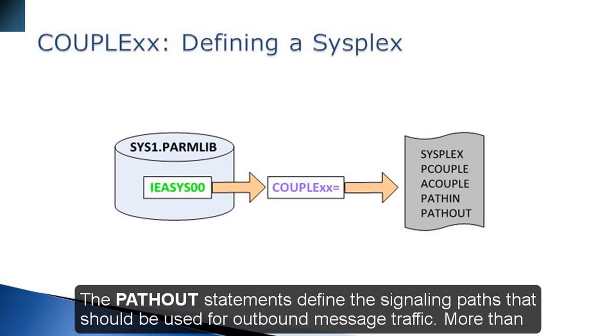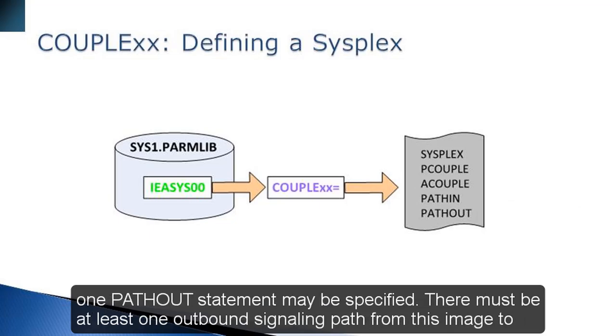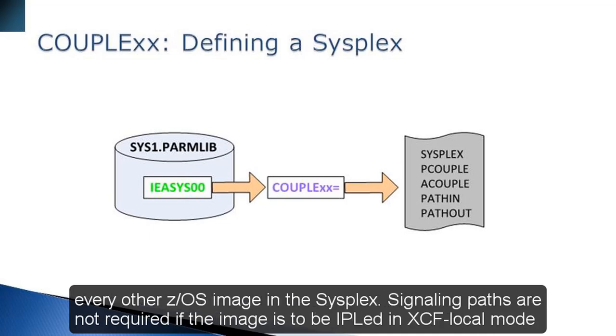The PATHOUT statements define the signaling paths that should be used for outbound message traffic. More than one PATHOUT statement may be specified. There must be at least one outbound signaling path from this image to every other z/OS image in the Sysplex. Signaling paths are not required if the image is to be IPLed in XCF local mode or as a single system Sysplex.